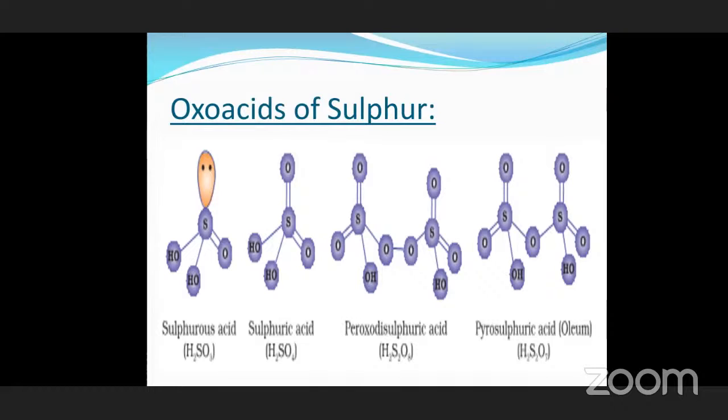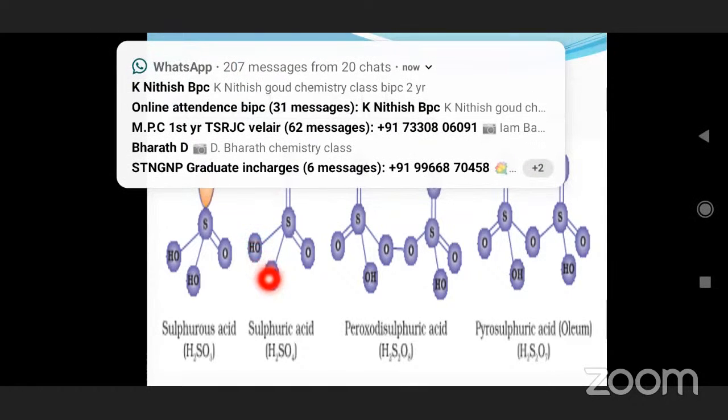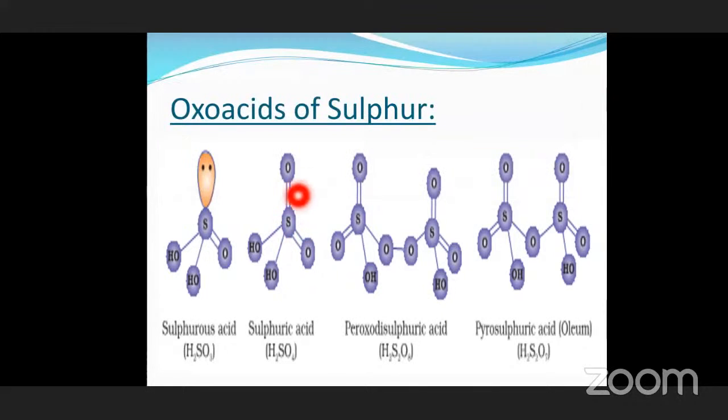So 2 hydrogens are combined with 2 oxygens: here 1 HO, here 1 HO, and the remaining two are sulfur double bond O. Here also the sulfur contains 6 valence electrons: 1, 2, 3, 4, 5, 6. That means it also satisfies its valency. So this is about sulfuric acid.